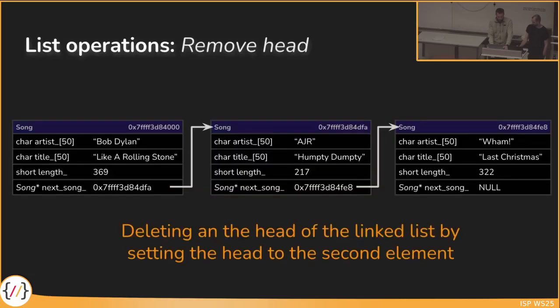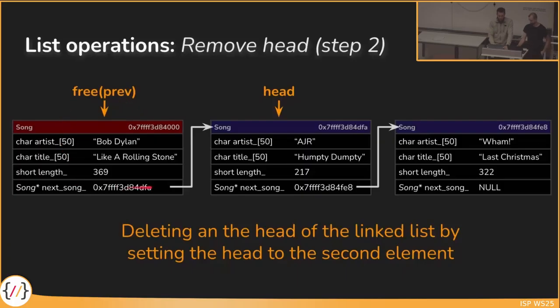So if we want to remove the head, so the first song in this case, we would start with the head and we would then want to have the head pointing to this element. So we again would have to have a previous element pointer pointing to the previous head, and we would just have to free this previous head element, this first one.